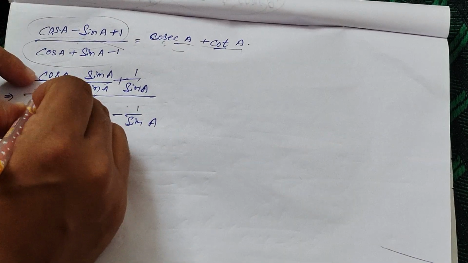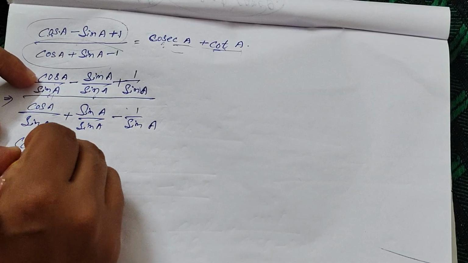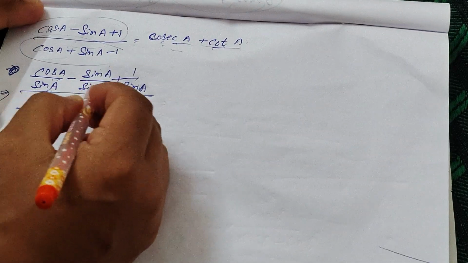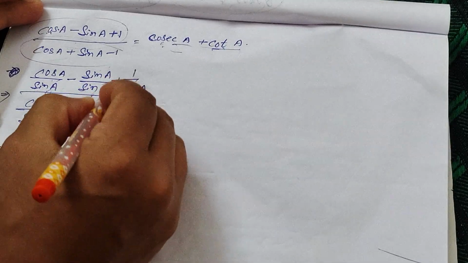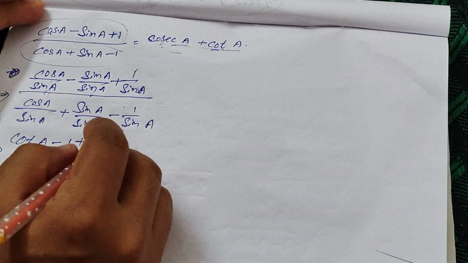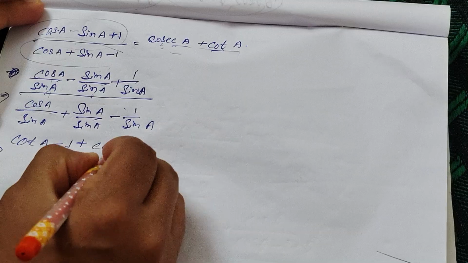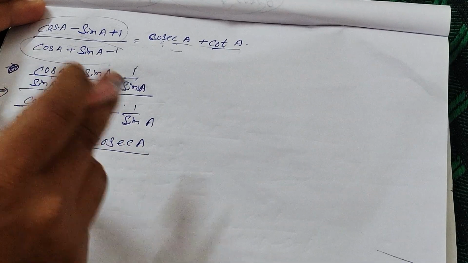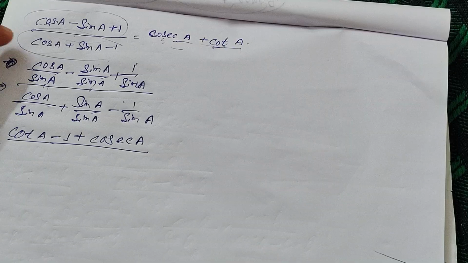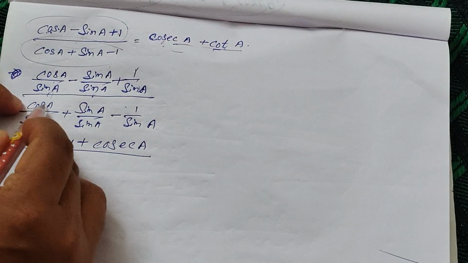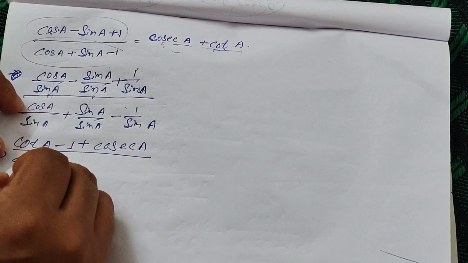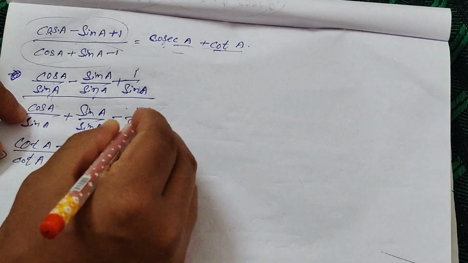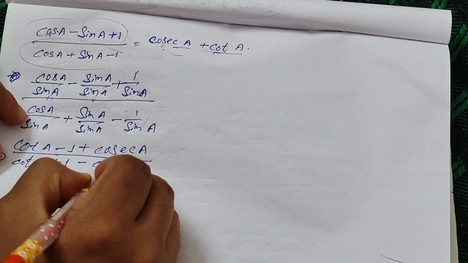Now cos A by sin A is cot A. Sin A gets cancelled, and 1 by sin A is cosec A. Now here also cos A by sin A is cot A, sin A by sin A is 1, and minus 1 by sin A is minus cosec A.